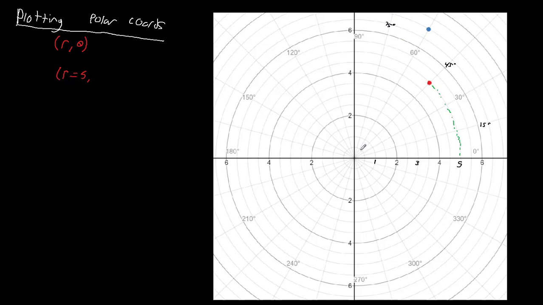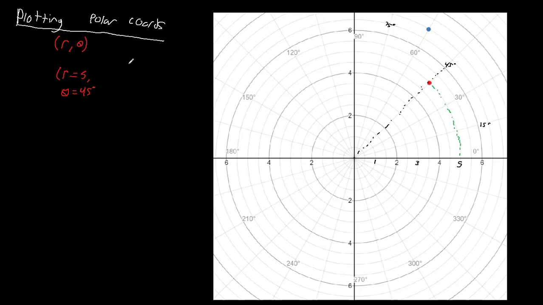So we're going to look and say, okay, well, this line's 45. If we trace it out, you'll see that the point we're interested in lies along the 45 degree line. So our theta in this case is going to be equal to 45 degrees.